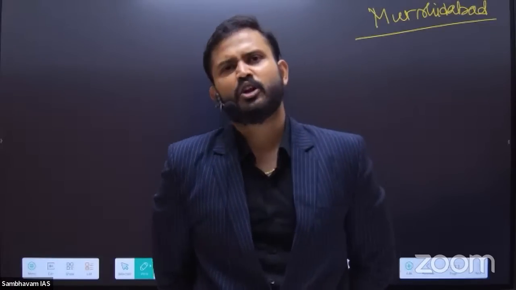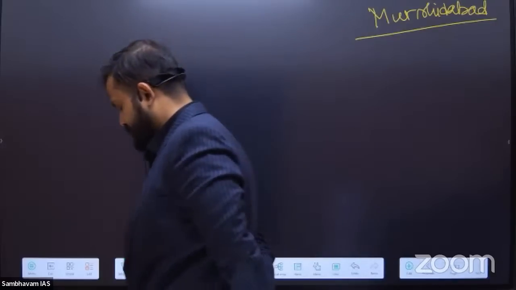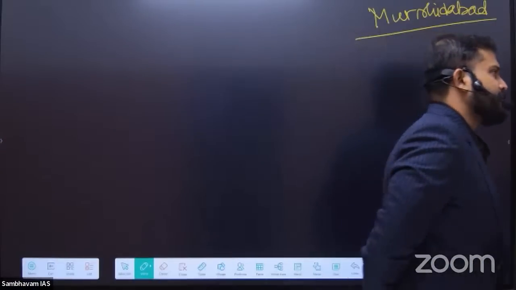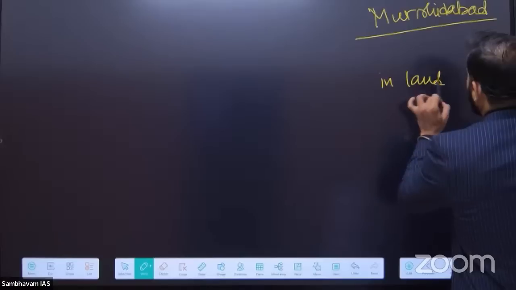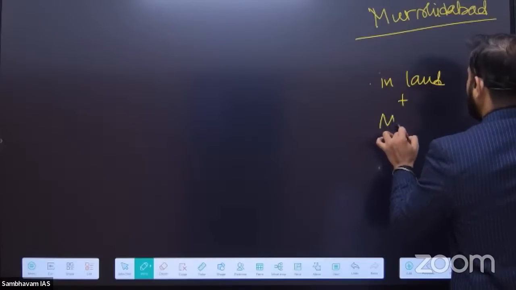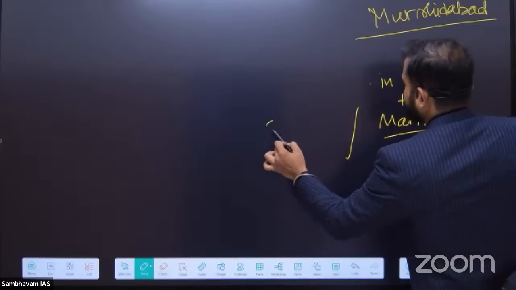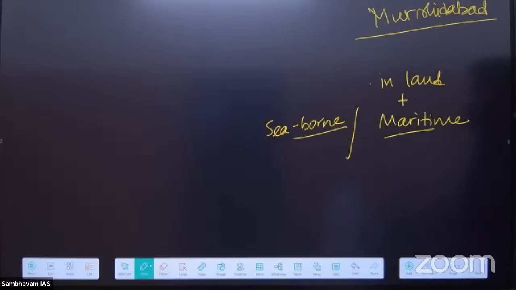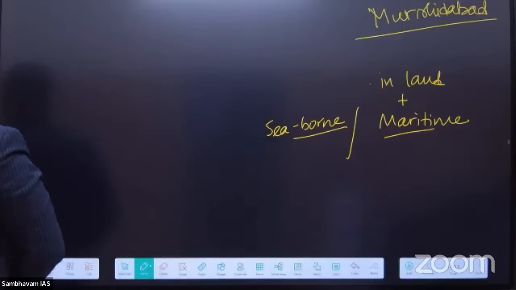Both are synonymous rather. Improvement of agriculture. And trade and commerce. Trade and commerce can be both inland and also maritime, seaborne trade. That means land-based trade and seaborne trade. You can add another line if you want to.